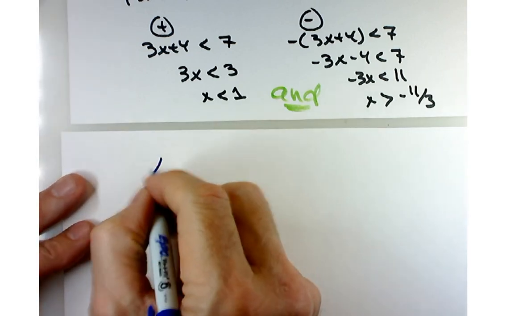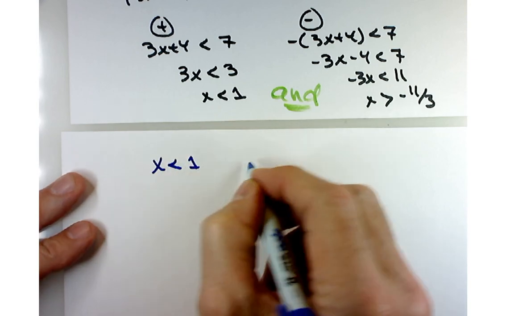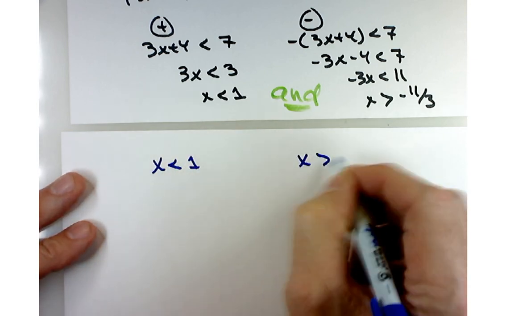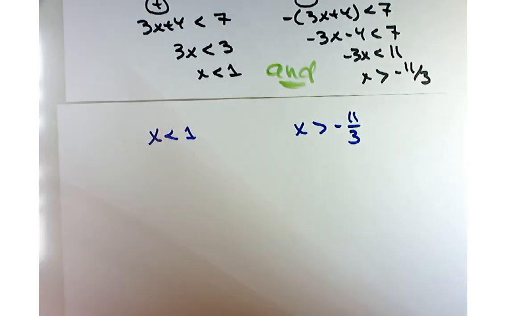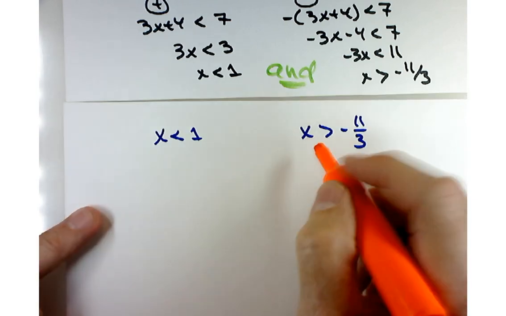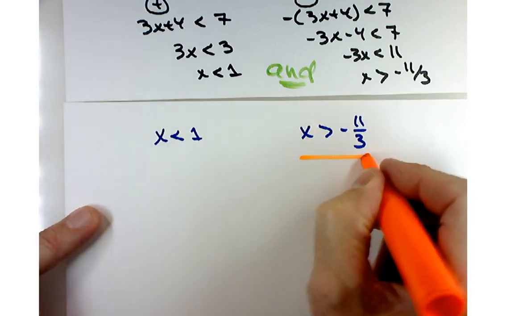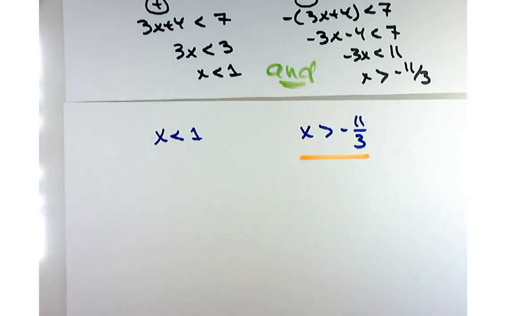So we've got x is less than 1 and x is greater than negative 11/3. I'm going to graph these things in color. So do that one in orange. We'll do this one in pink.